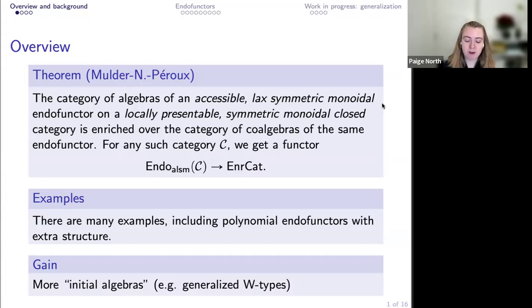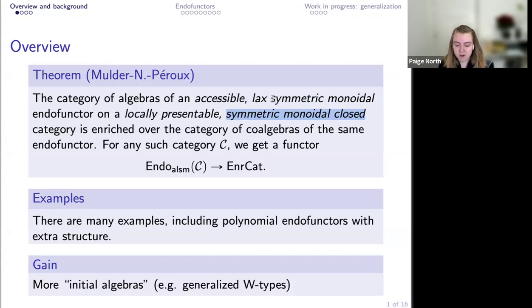Okay, maybe before I move on, I won't say so much of this in the rest of the talk, but I will maybe just explain these hypotheses a little bit. So we're talking about enrichment of categories. So we need something to be symmetric monoidal closed to get off the ground in terms of that kind of theory.